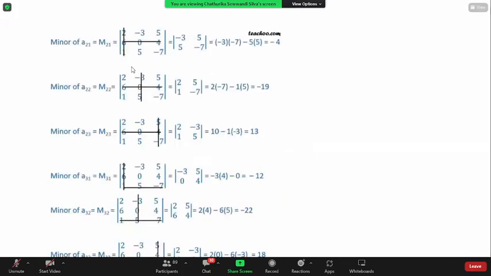So that is one. Here you can see with respect to each and every element, they have found the minors, just to show you how to find the minor.